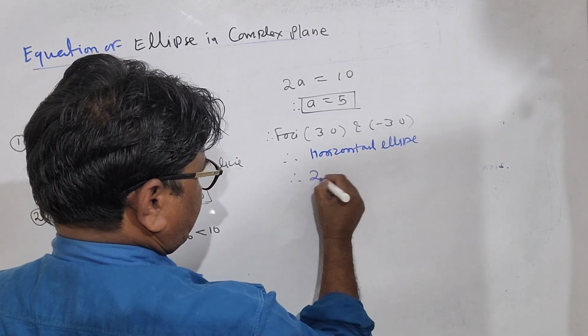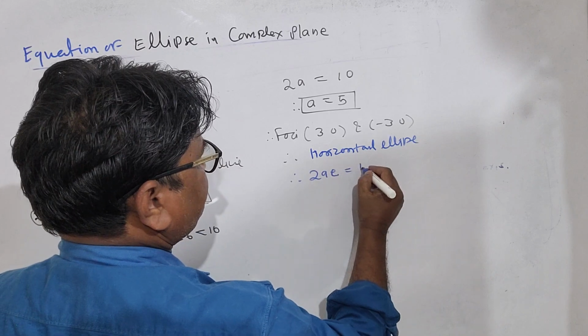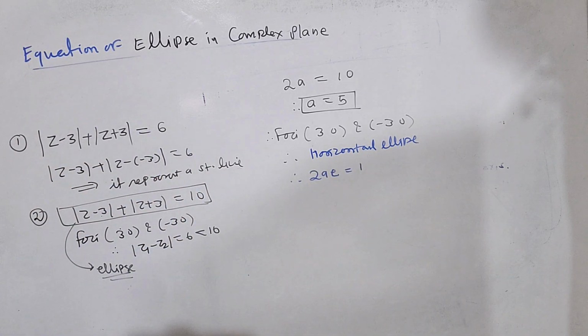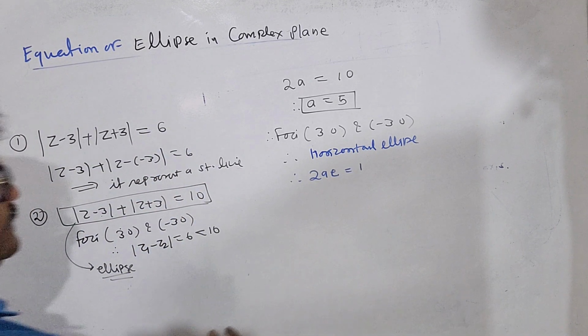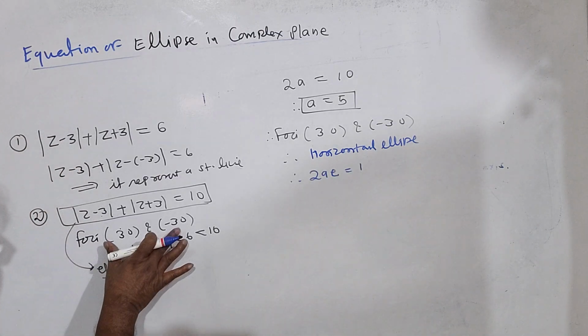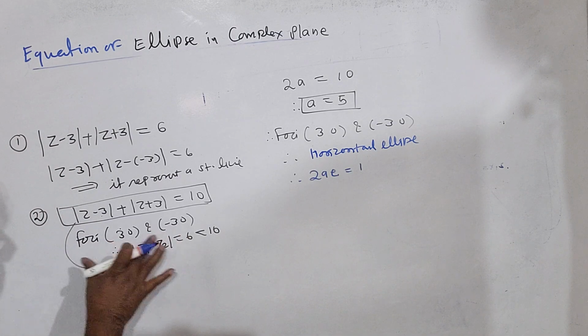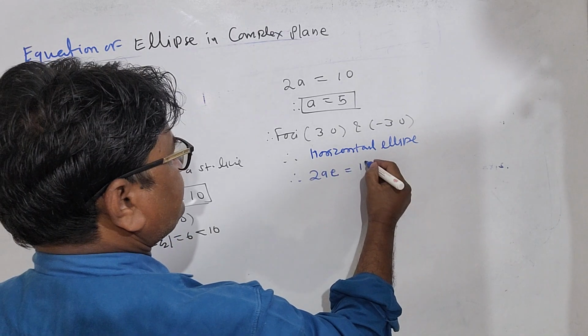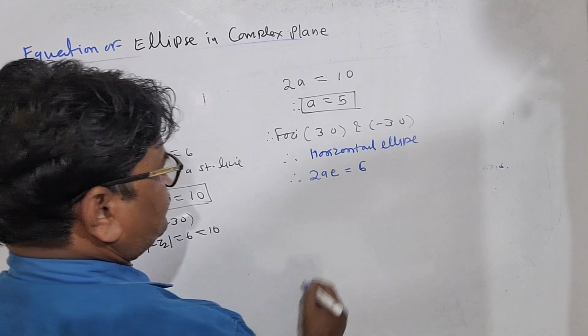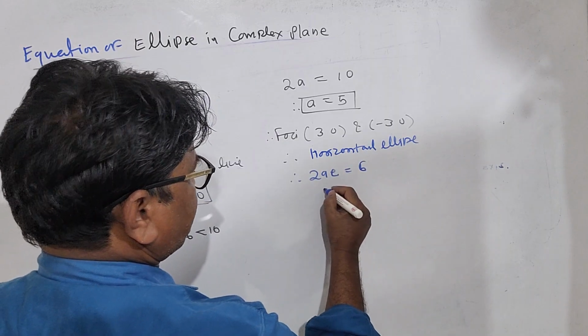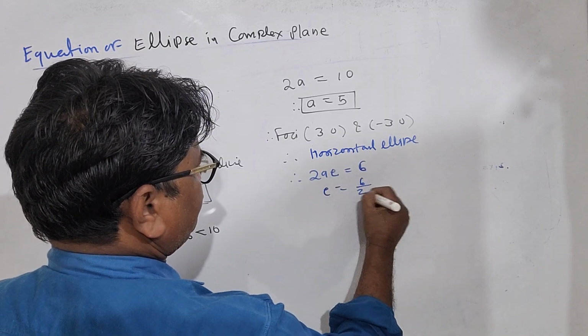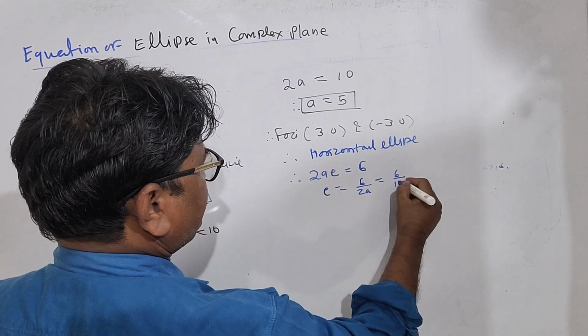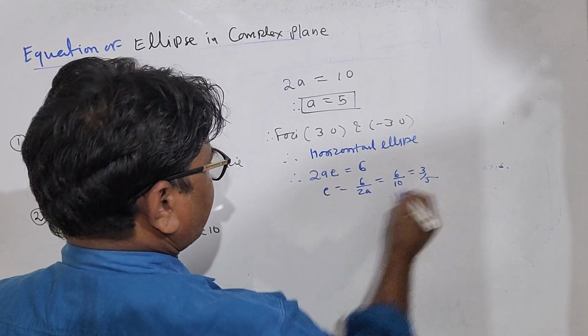And the distance between the foci is 6. Correct? So therefore e is equal to 6 upon 2a, that is 6 upon 10, that is 3 upon 5.